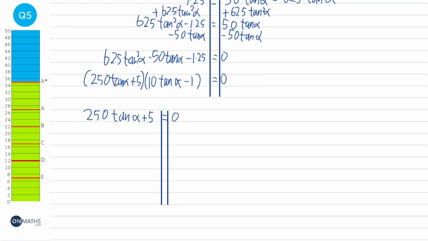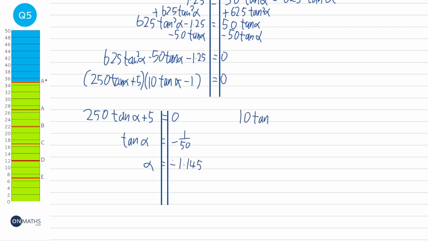And so that is going to be, take away 5 divided by 250, so that would be tan alpha equals, and that will cancel to 1 over 50, so minus 1 over 50. So alpha would be minus 1.145, and then get the other bracket equal to 0.